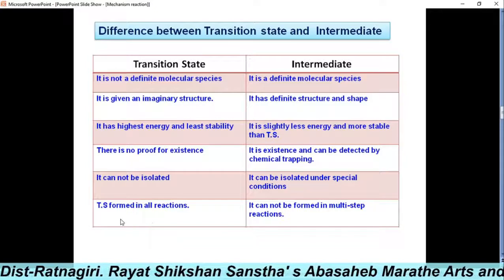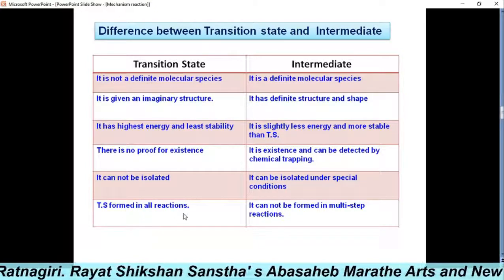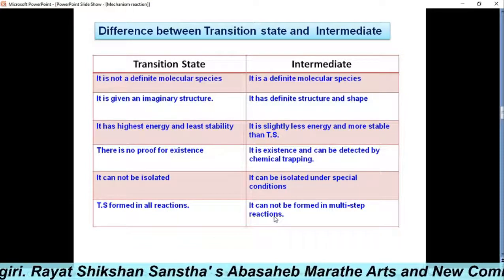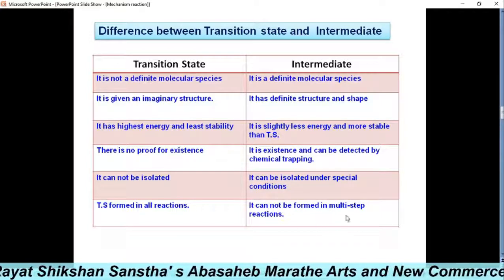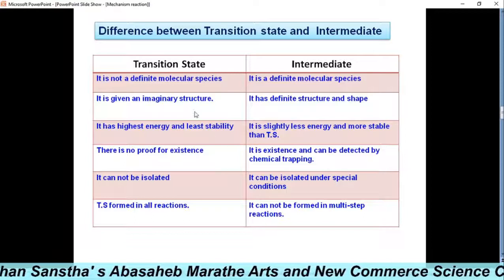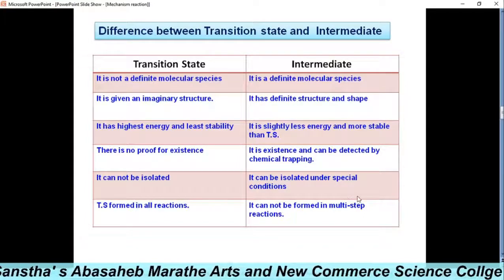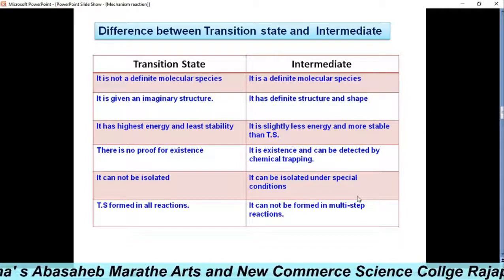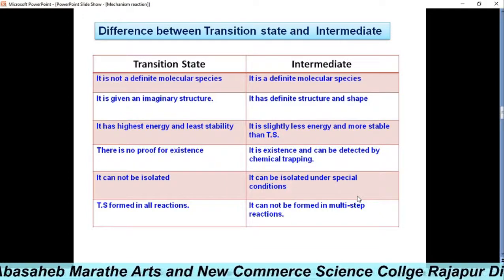A transition state forms in all reactions, but an intermediate forms only in multi-step reactions. So with these points we have seen the difference between transition state and intermediate.